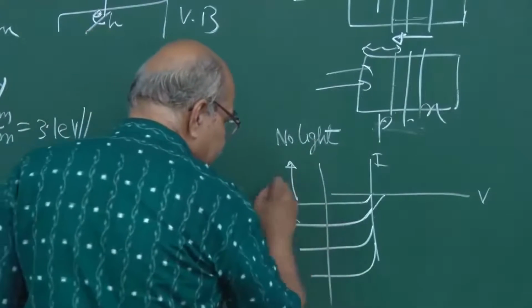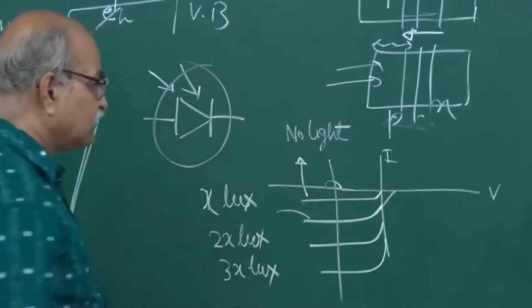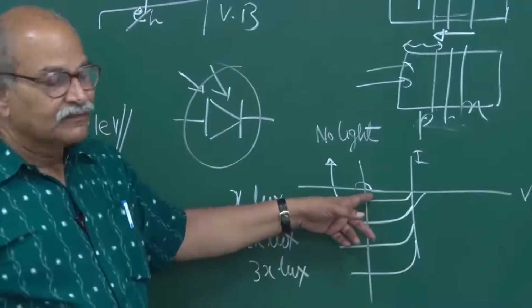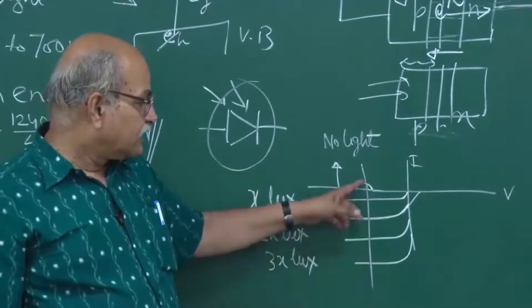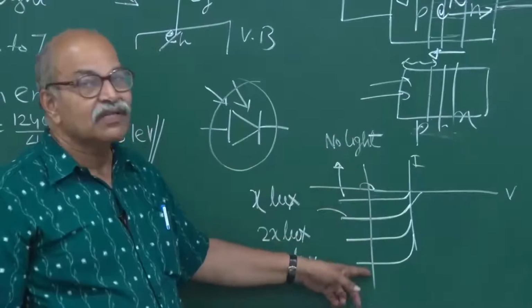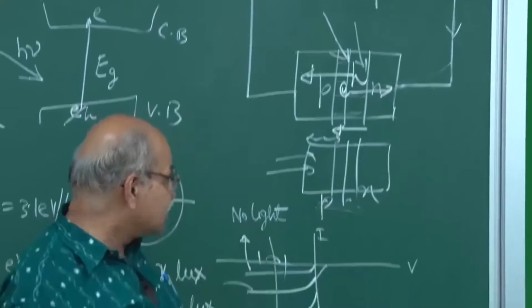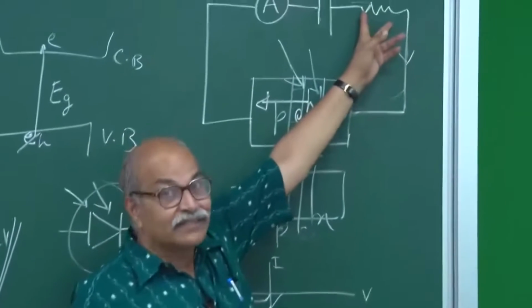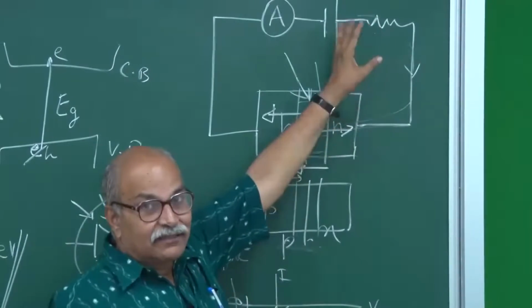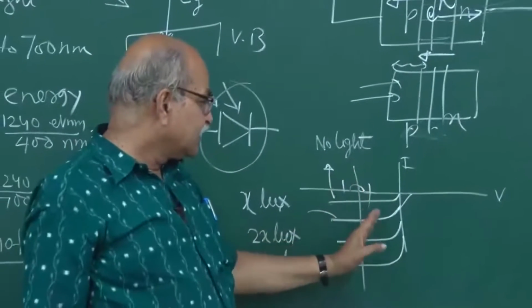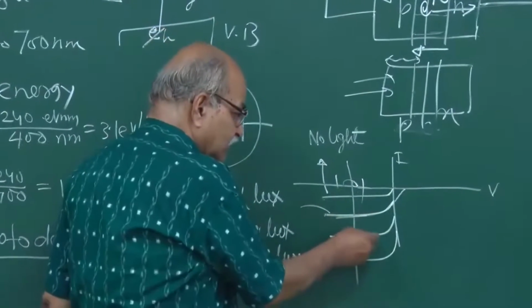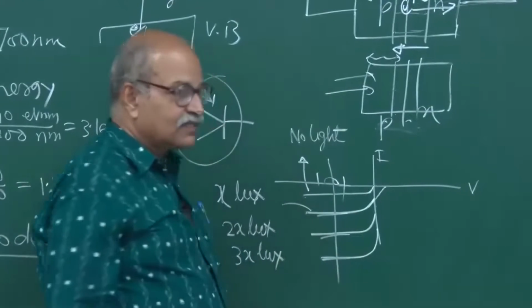So if this reverse bias voltage is fixed, you can see that the current is changing, and it is changing in proportion to the light intensity. If the current changes, the drop on this resistance also changes, but even if it shifts slightly, it doesn't matter. This is fairly horizontal.